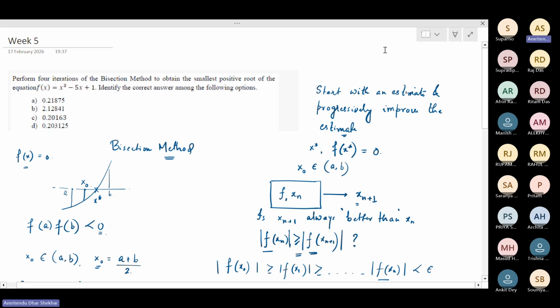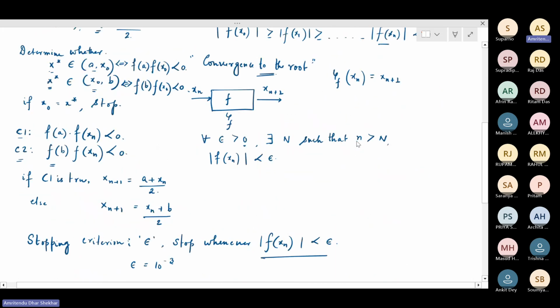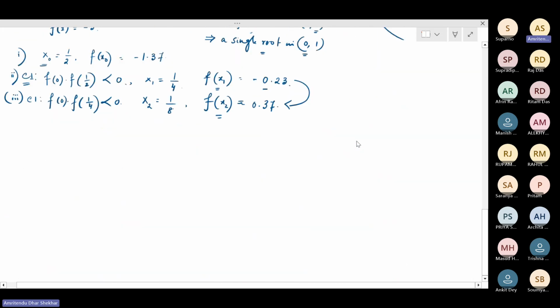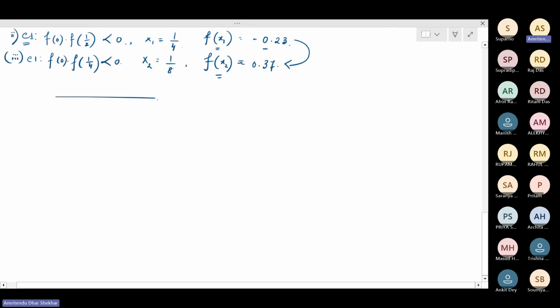Let us give a small proof of why this works. This is quite easy to see. Essentially, you have an interval [a, b], and let's say your function has a root x star in it.